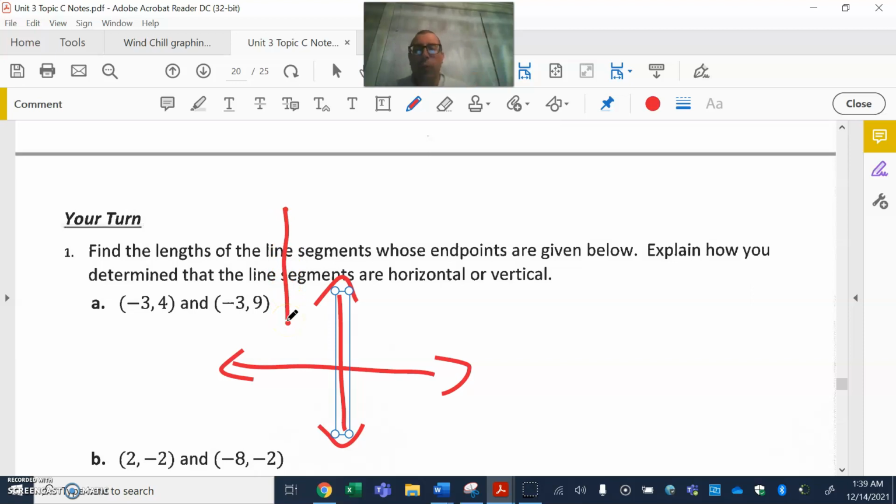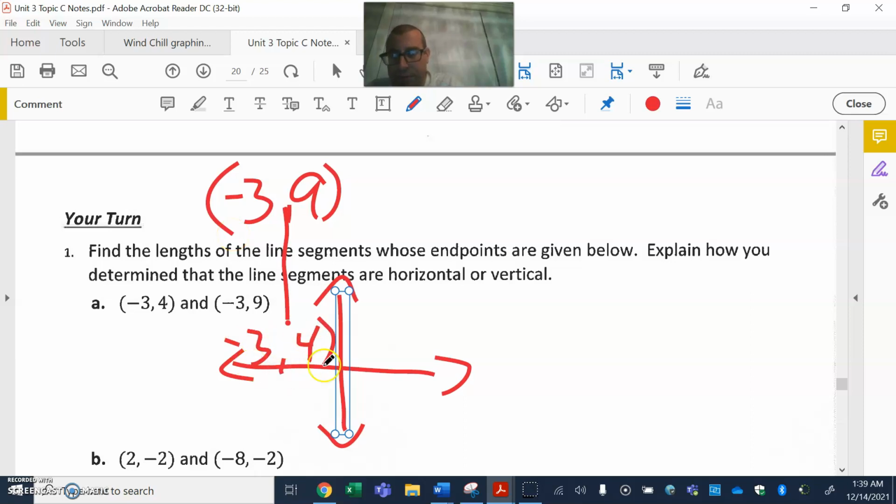I'm going to write down the ordered pairs next to each of the points, just so we can see what we're dealing with here. This was the ordered pair -3, 9, and this one here was the ordered pair -3, 4. We're trying to figure out the distance here. Because our line goes up and down, we're going to need to count how far it is up and down.